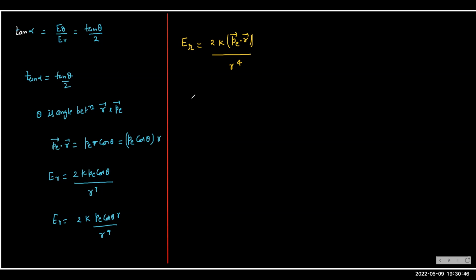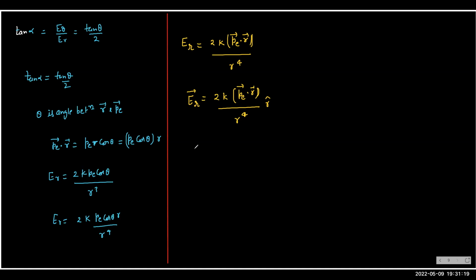So in vector form, we can write as 2k p dot r, r power 4 into r cap. Right, we can write like this, because the E r will have the radial direction, isn't it? Yes. Okay.